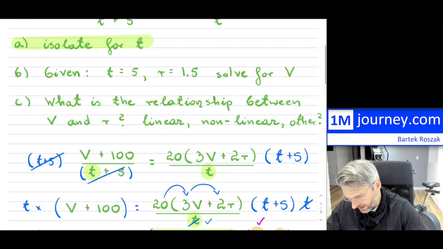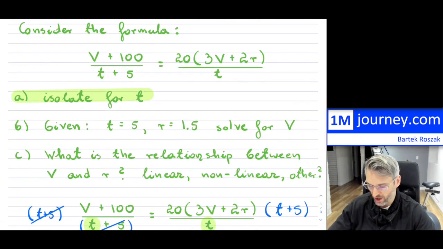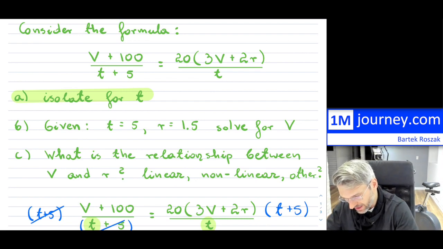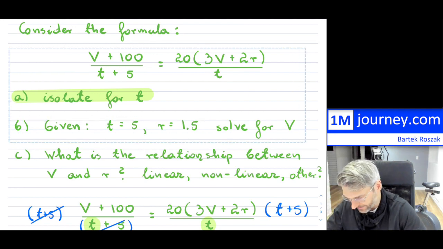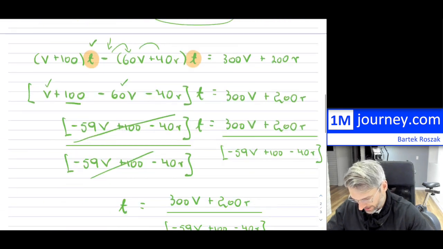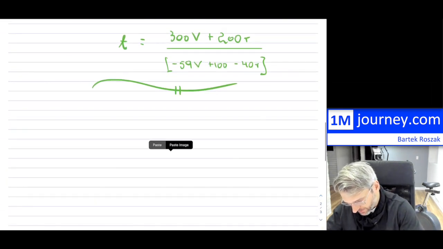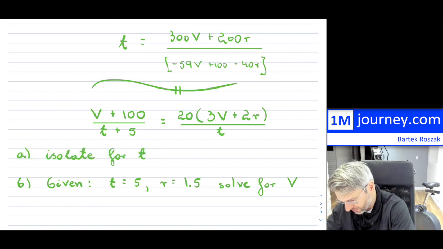Now the second item is, given t is equal to 5 and r is equal to 1.5, solve for v. So that's the second component that we have. I'm going to steal this right here, so let's copy it and bring it down. So here's paste. Okay, we've done the first component, so I'll just erase all of this.